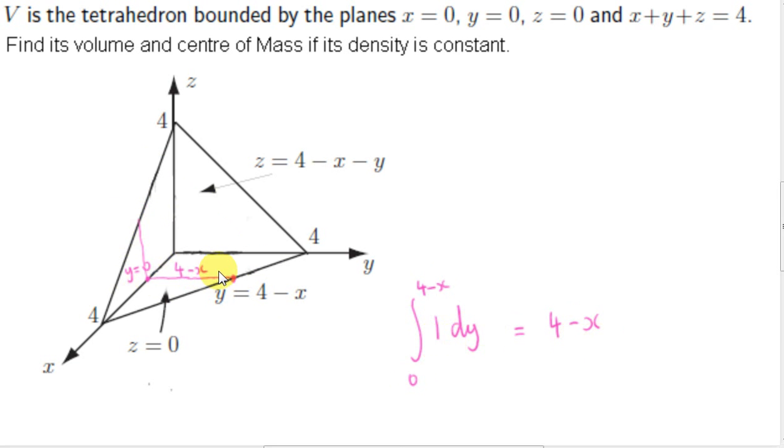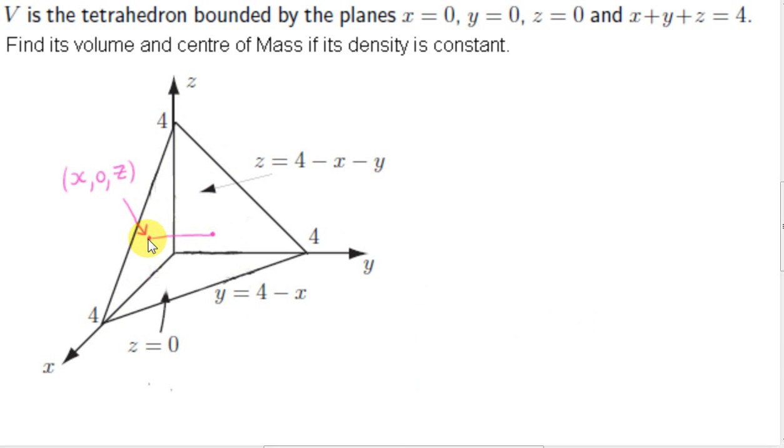Okay, and then if we were to integrate with respect to z, we could find this point here. Depends on this line, of course. But if we do, as I said already, we get the wrong cross section. So a better approach is to take a point in, say, this face here. That's the face in the xz plane, and draw a line parallel to the y-axis until we hit this slanted face.